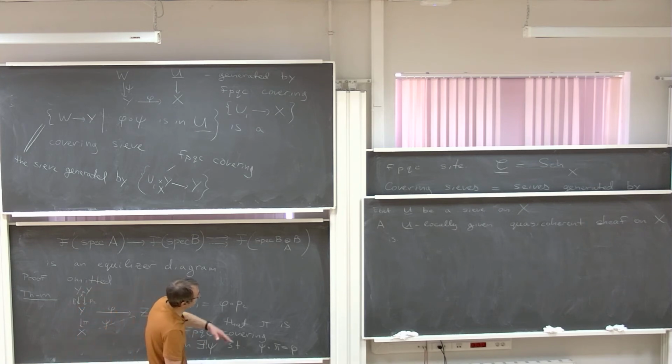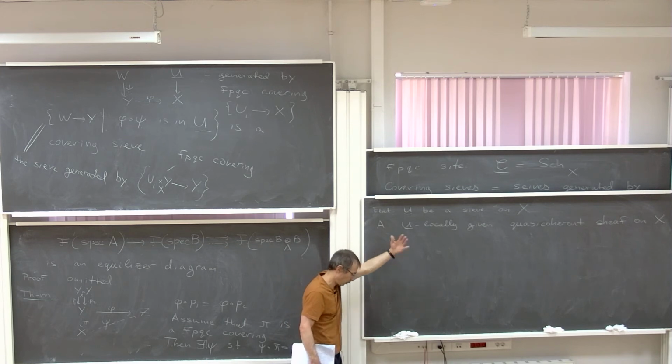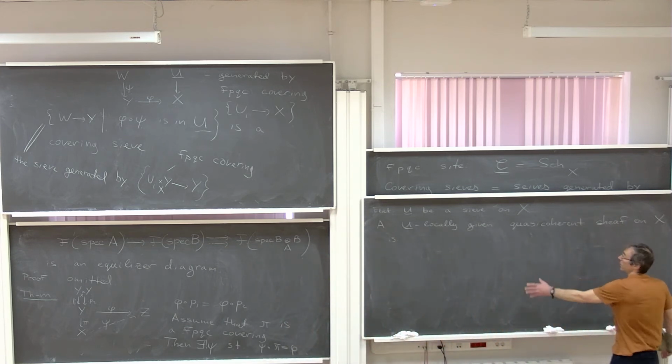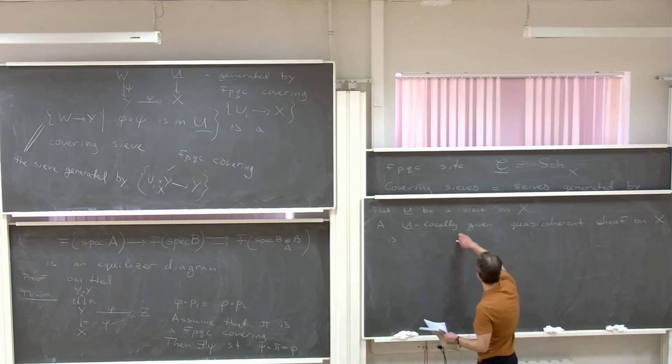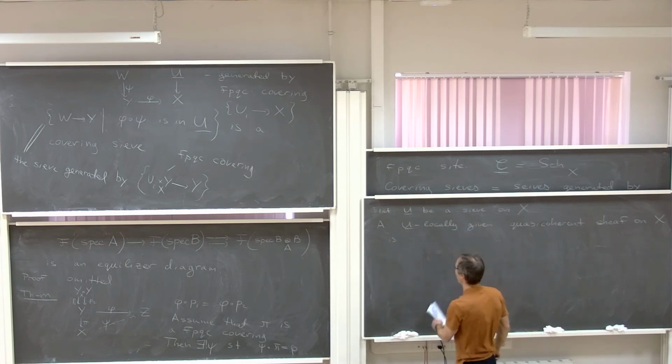Yesterday we discussed what it means to say that we are given a U-locally given section of a presheaf. So here we go one step up in categorical level. We talk not about sets, but rather about objects of a category.